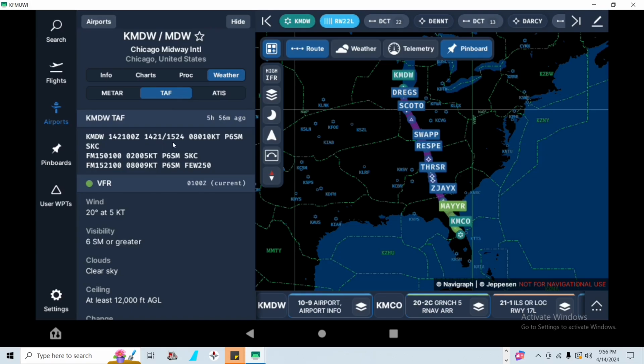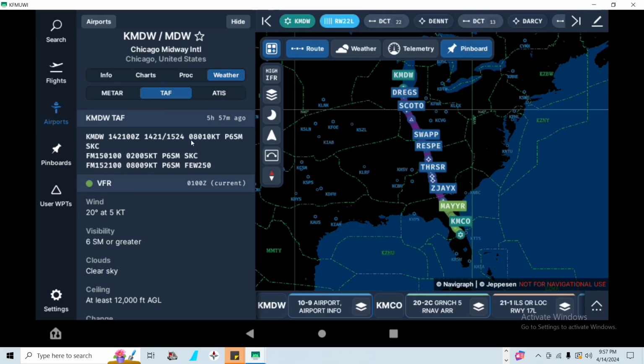It then gives you 1421/1524. So what is that telling you? That is telling you that this is valid from the 14th to the 15th at 2100 Zulu until 2400 Zulu. Next to that, you will have your winds and your speed.